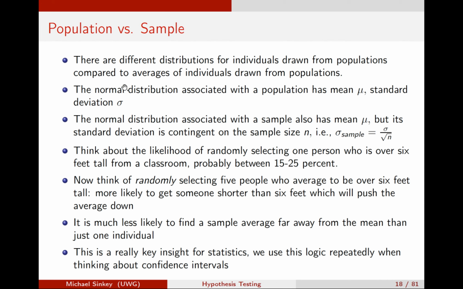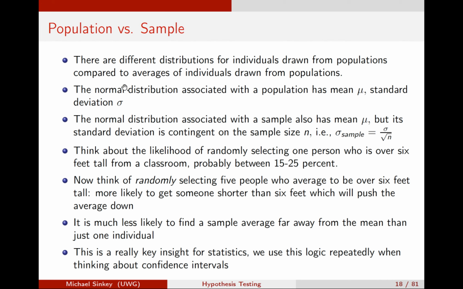And if you think about it, if you take two individuals, there's a 50% chance that one will be above and the other will be below. And there's also a 50% chance that they'll be on the same side of the mean, either above or below. So all of this is to say that when we examine averages, oftentimes we'll get individuals that are above the mean averaged with individuals that are below the mean.